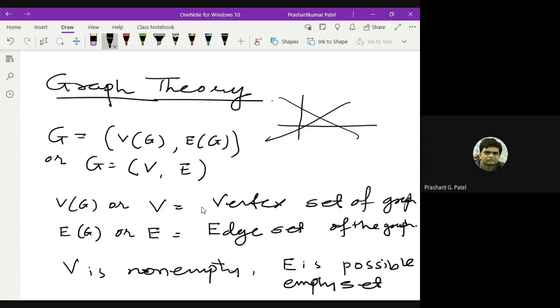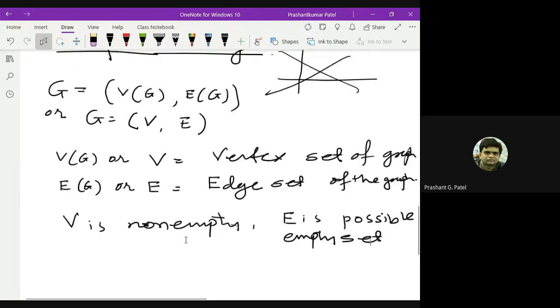Every element of E is assigned an unordered pair of vertices in V, and it's called the end vertices of the edge E, and that completes the definition of the graph.